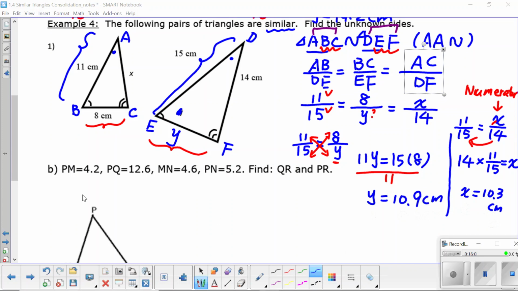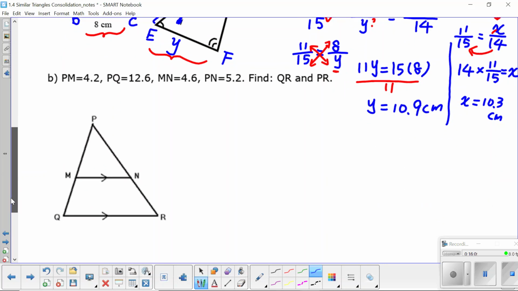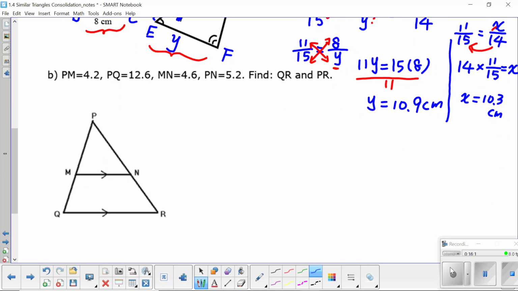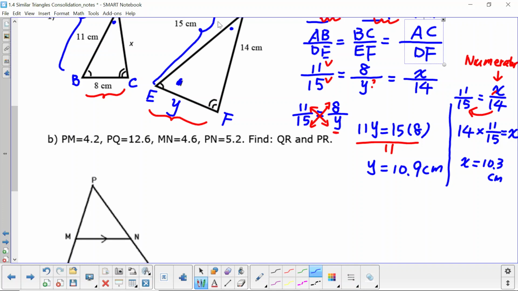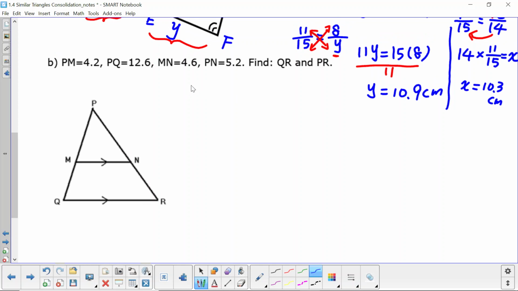Then the next question, please try it by yourself. I may not ask you to try it by yourself because it's a little bit different from others. So this one is not two separated triangle, it's together. So you could see this triangle like two triangles.